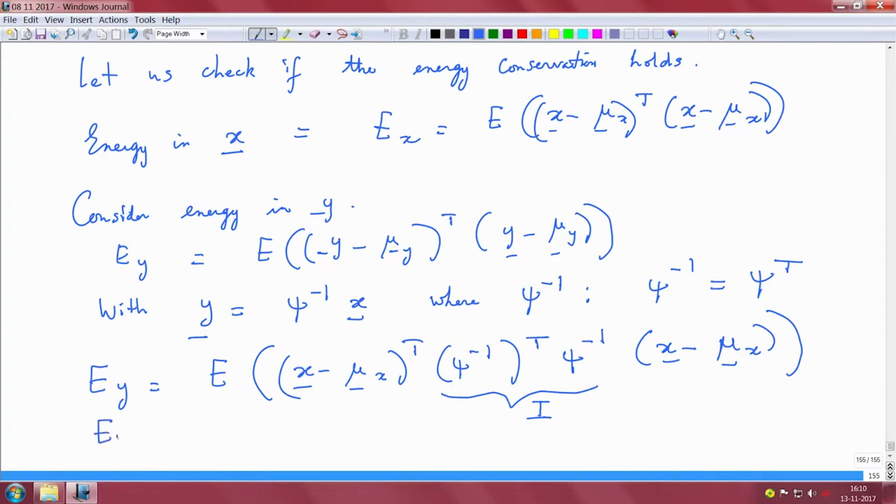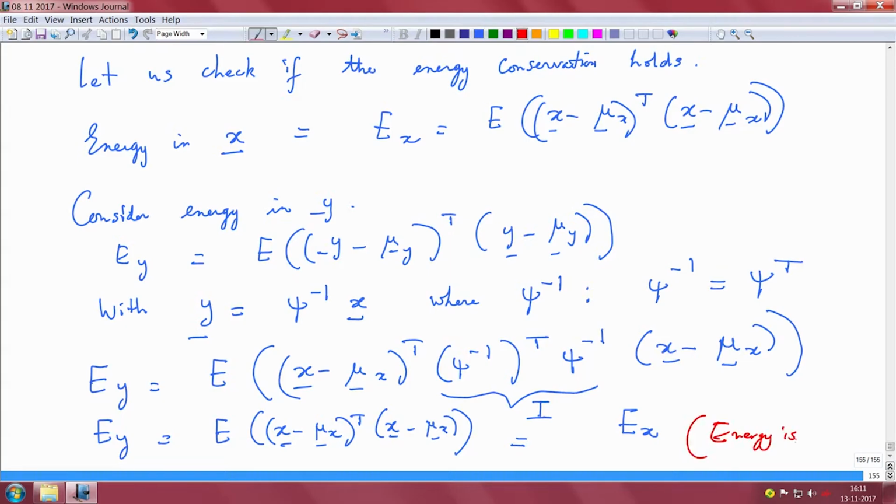So, therefore, Ey is the expectation of (x minus mu x) transpose times (x minus mu x), and this is basically Ex, and the implication of the statement is energy is conserved. So, this is a very important property that you have to bear in mind.